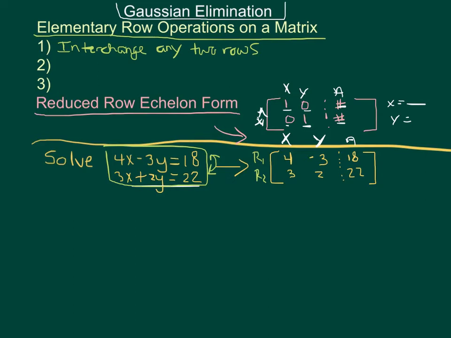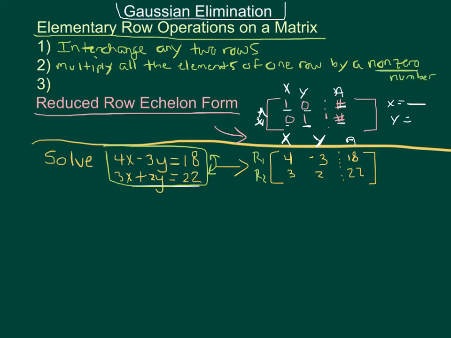The other thing I can do is multiply all the elements of one row by a non-zero number.